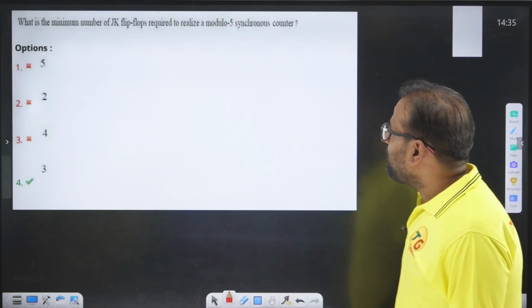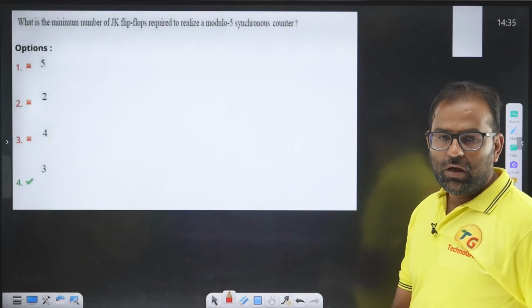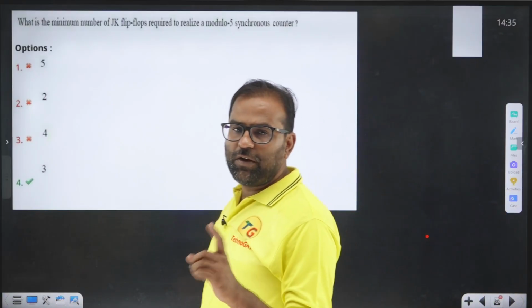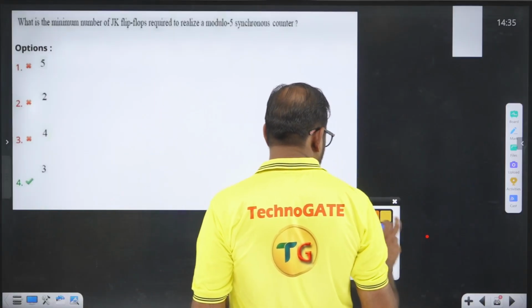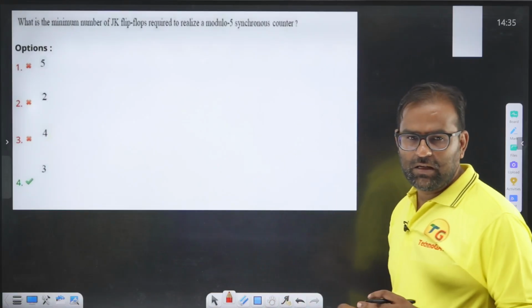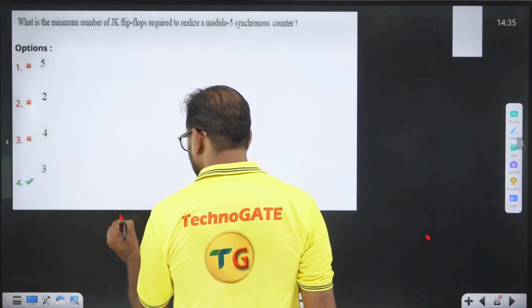What is the minimum number of JK flip-flops required to design a modulo 5 counter? Okay, you know that only one flip-flop can handle 1 bit. So modulo 5 counter means 5 states are there.